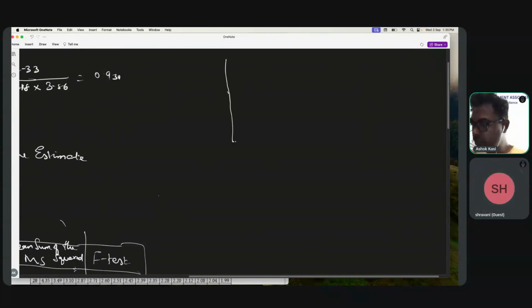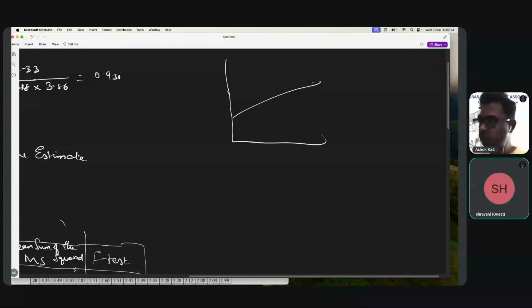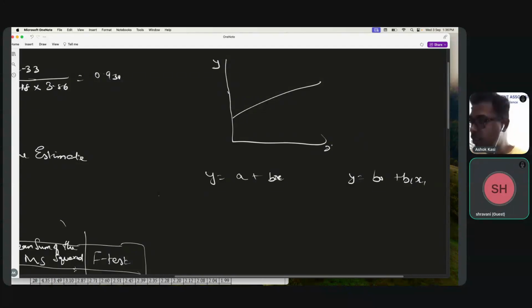Now, understanding the equation of a line. The equation of a line will be a plus bx. It is also written as y is equal to b0 plus b1 x1, with y and x.